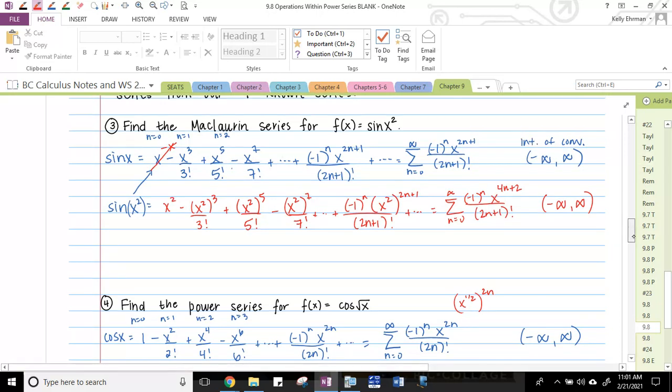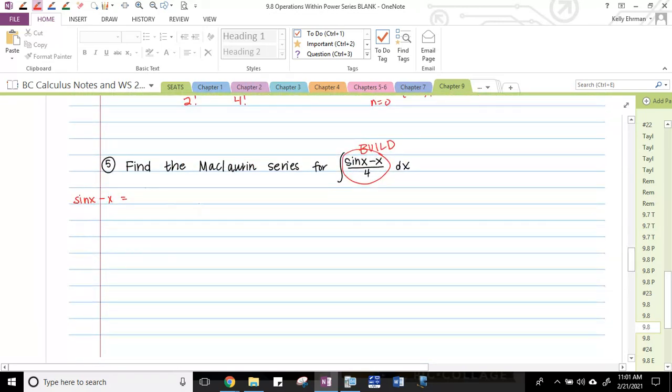So it would start with negative x cubed over 3 factorial, and then plus x to the 5th over 5 factorial minus x to the 7th over 7 factorial plus etc.